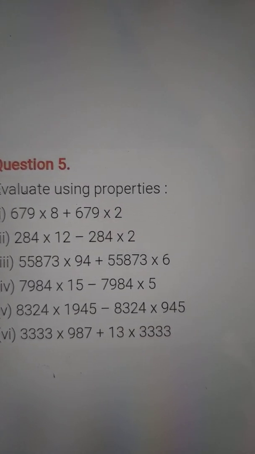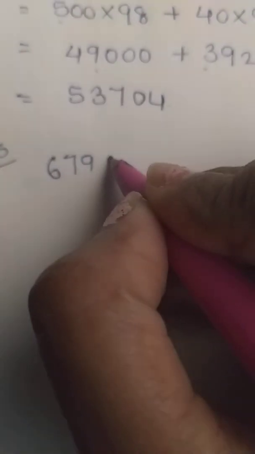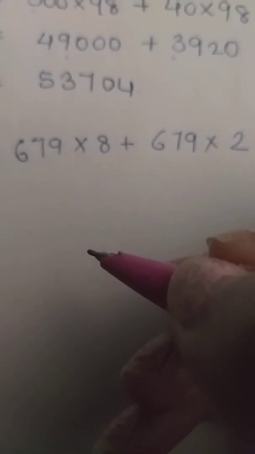So using the distributive property, we'll try to solve this sum. See here question number 5: 679 multiplied by 8 plus 679 multiplied by 2. So yes, I can see a number in common, that is 679. So try to solve it.